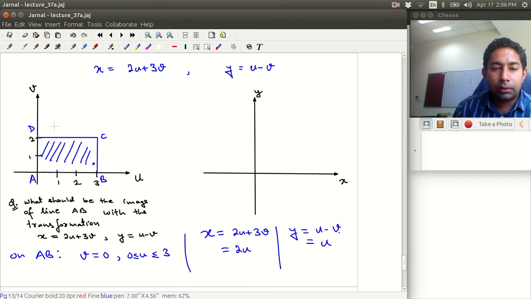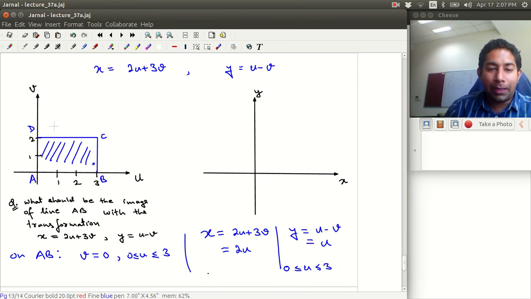Can you guess what we are looking at when x is 2u, y is u, and u is going from 0 to 3? It should be a line. So it's a parametric line where the parameter is u and with the slope 2.